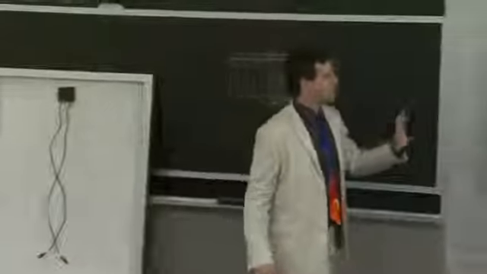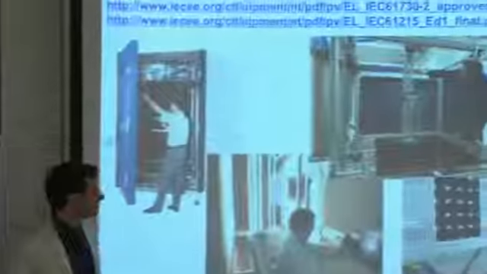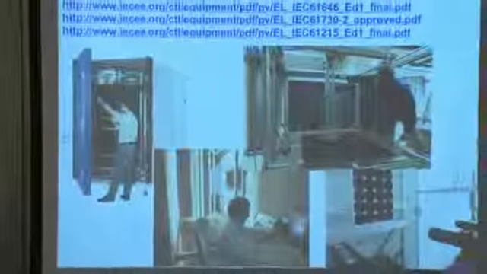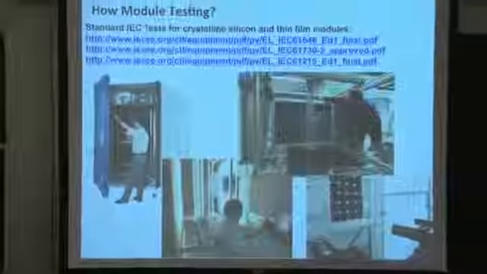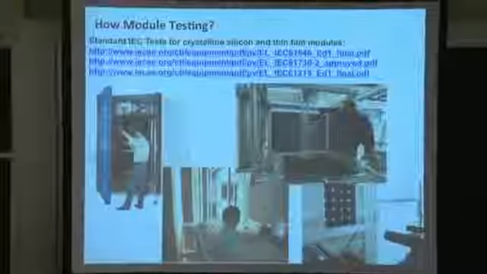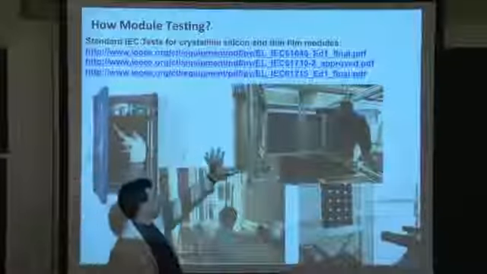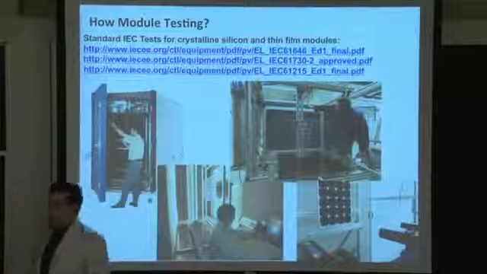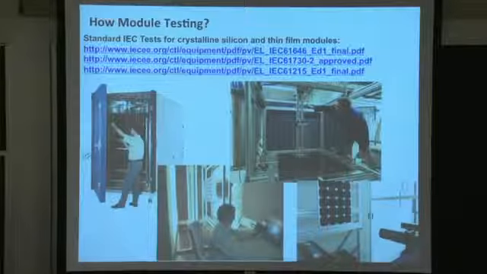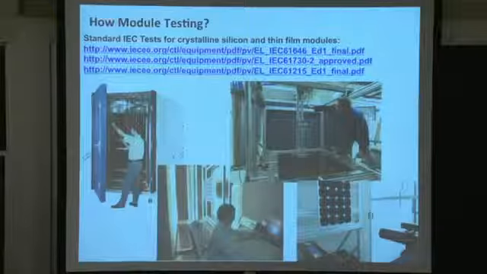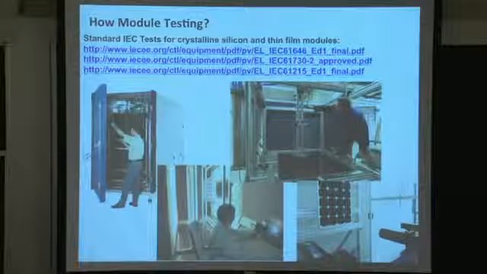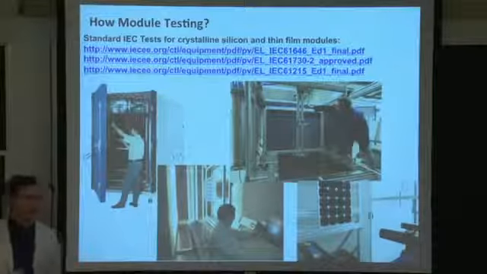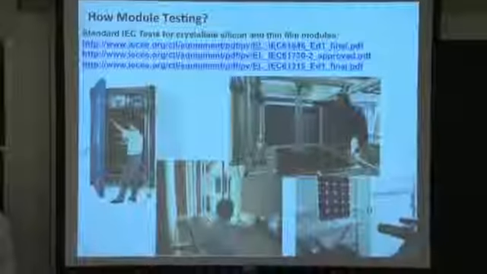Shown here are a series of tests that one can conduct with solar modules. I showed a list of different IEC tests, standardized protocols. These are a series of tests, typically between, say, 12 and 20, that represent a battery of tests for the solar module. And if they pass it, they are IEC certified.